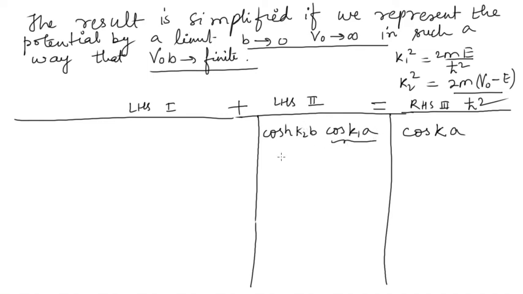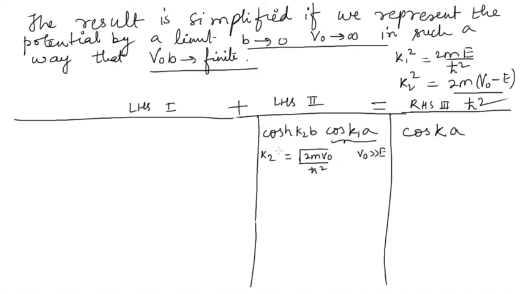Now what is k2? k2 is equal to under root 2m(V naught minus E). Now when V naught tends to infinity, it is very large compared to E. So I can neglect E because V naught is greater than E. This upon h cross square. Fine. Now in this, I want to take V naught out.